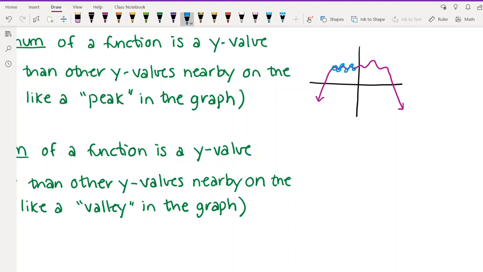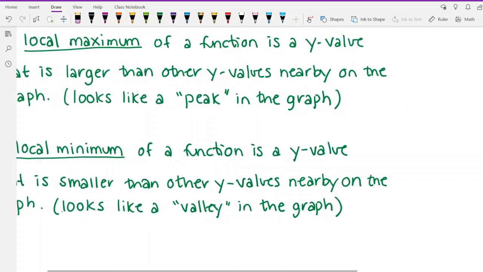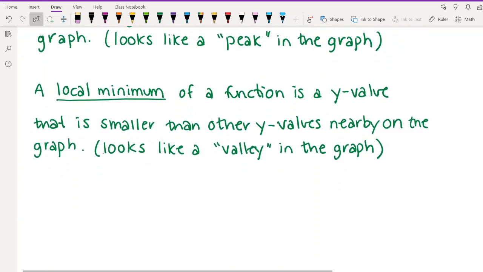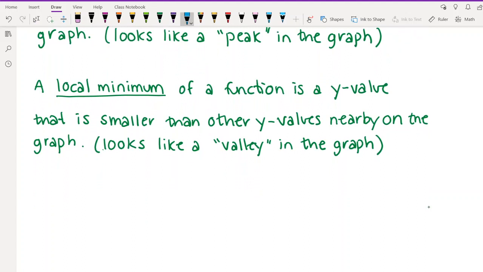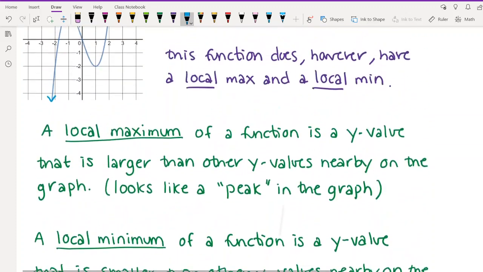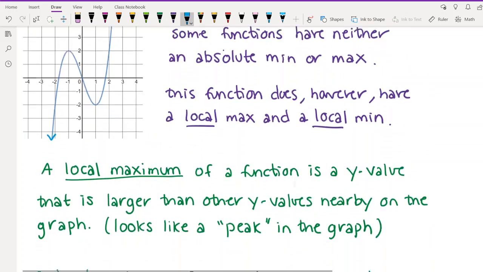Anytime the graph goes up, even if it's just by a little bit, as long as you have that little hill shape or peak shape, it's a local max, and anytime you have that little valley shape, it's considered a local min. And so that's why it just says nearby. It could be really nearby if it's a very tiny hill or valley, or it could be nearby a little bit more generally if it's a bigger hill or valley like in this graph.